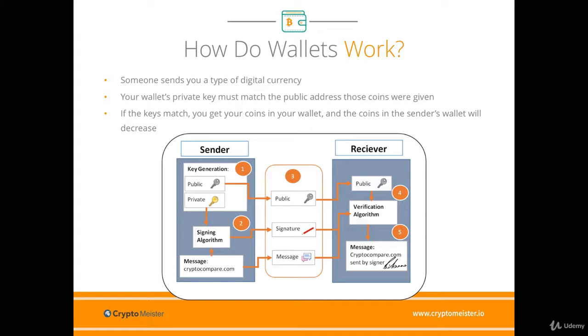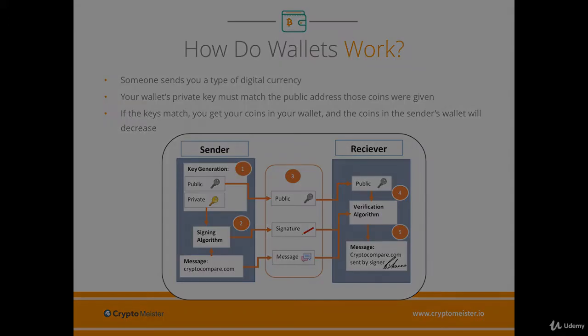By doing so, they are giving you ownership of the coins to your wallet's address. To get access to those coins, your wallet's private key must match the public address that those coins were given. And if the keys match, you get your coins in your wallet, and the coins in the sender's wallet will decrease. The only proof that this has happened is the transaction record that gets added to the blockchain, and obviously the extra coins in your wallet.